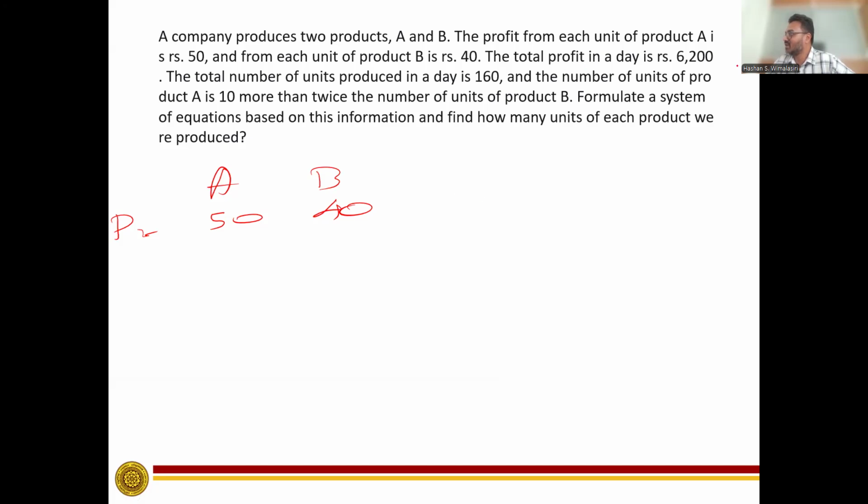The total profit in the day is rupees 6,200, and the total number of units produced in the day is 160. In here, the number of units of product A is 10 more than twice the number of units of product B.